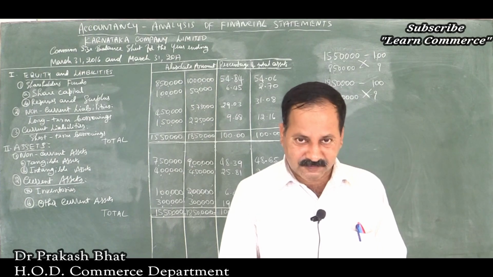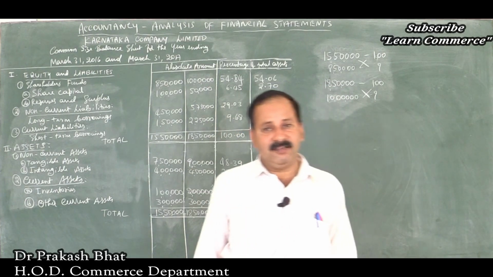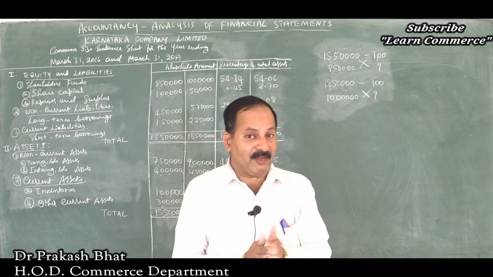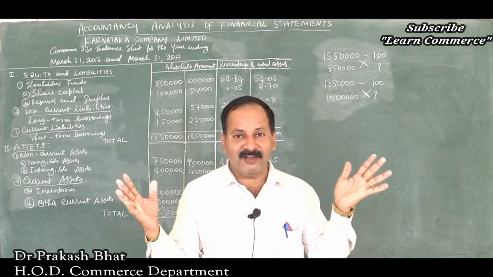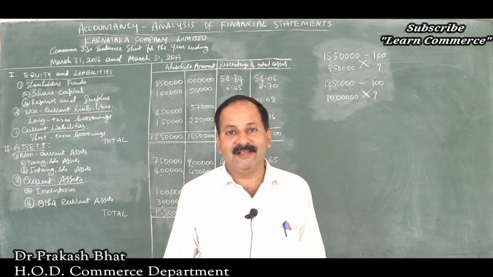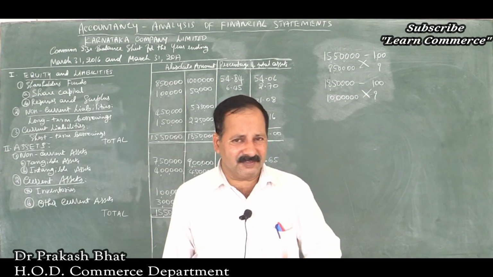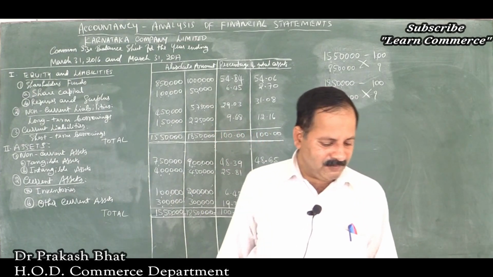We'll solve that also. If we cover that, then we can move on to the last chapter, ratio analysis. Very simple, only formulas, nothing else. Very easy. Then one small chapter, the cash flow statement, we'll take up later.